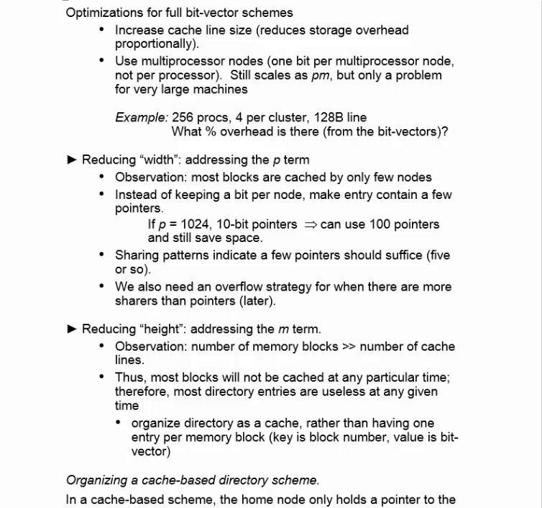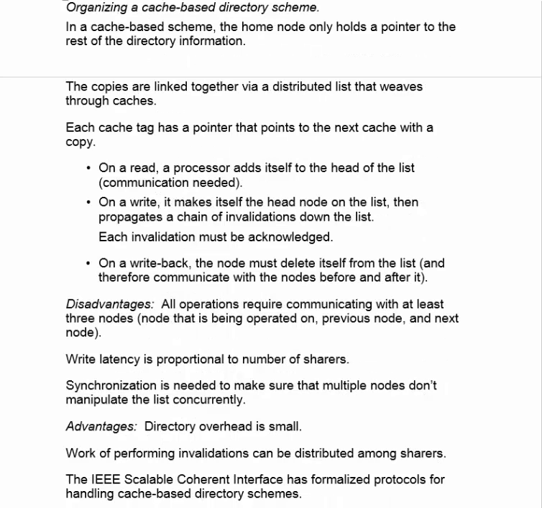The way we could do it is, instead of having a directory entry for each block, we could have the directory entry itself be organized as a cache, which would be keyed on block number. So you look up the block number in this hash table, and if there's a hit, then you read out the bit vector or the number of pointers or whatever you use to keep track of where all the entries are.